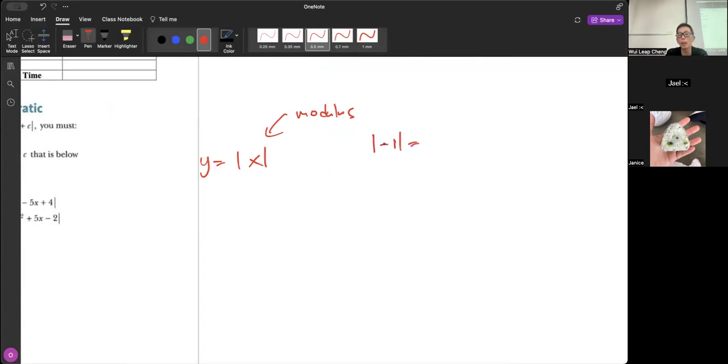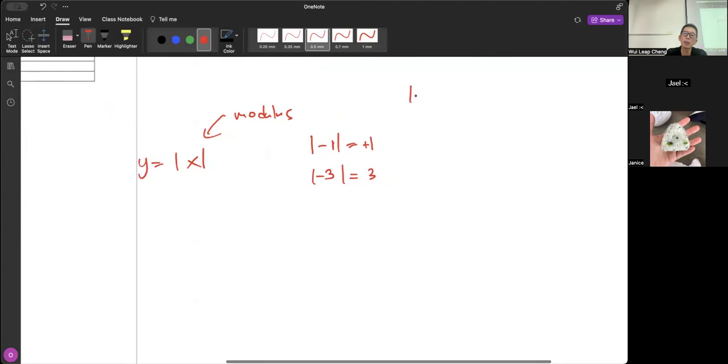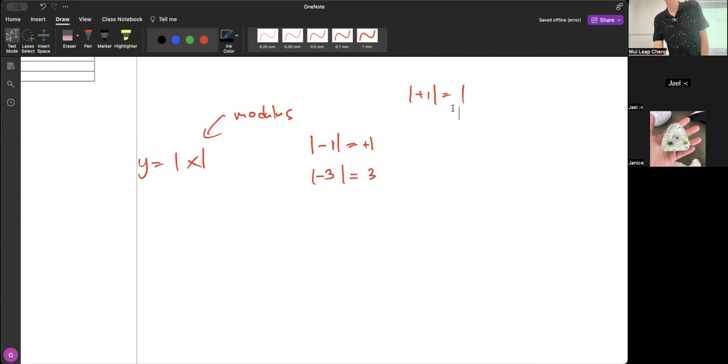So if it's -1, modulus -1, convert to positive, so it becomes 1. If it's -3, then it becomes 3. But if it's positive, then it will remain as positive. It will not change. 如果是 positive，它是不变；如果是 negative，它就会变成 positive。Okay, is that clear?